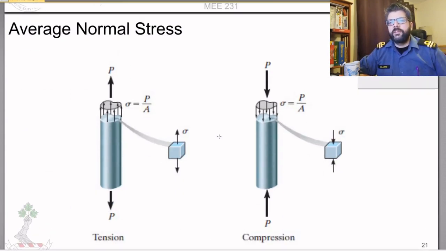So again, to emphasize, the average normal stress is based upon the load divided by the area, and we're still going to be using the convention that the internal load is defined as positive when it's a stretching or negative when it's a compression. So in this situation, that P there should be negative, which gives us a negative stress value that we solve for.